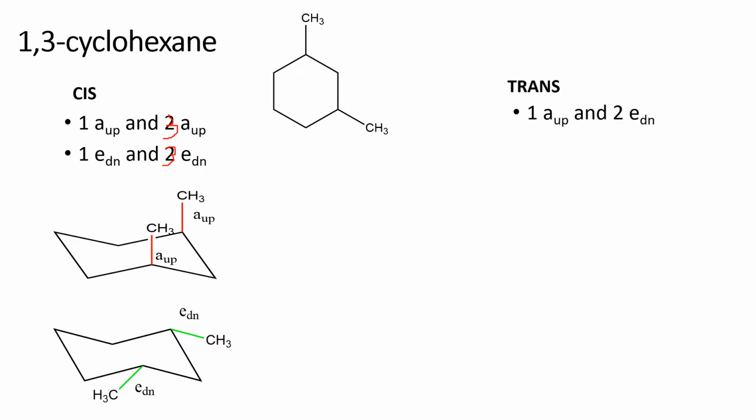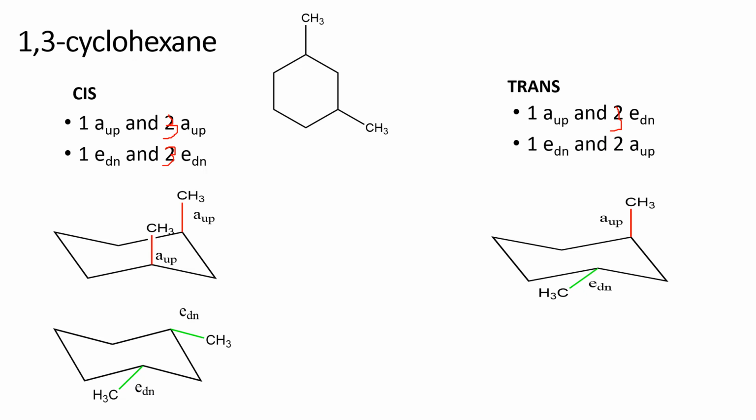Next is trans: axial up and equatorial down, up and down, therefore it is trans. Next, equatorial down and 3 axial up, that is 1 up and 3 down, also trans.